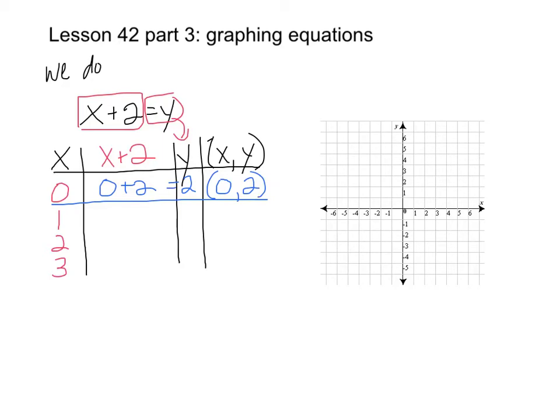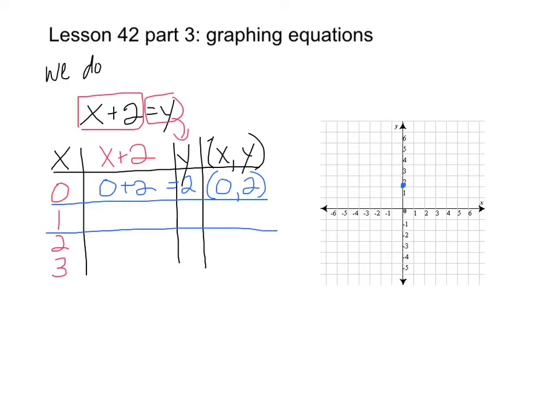Now you just need to go back to remembering how you graph a set of coordinates on a coordinate plane. Remember, the x number line is here, and the y number line is here. So we go to 0 on the x and positive 2 on the y, and we mark it right there.